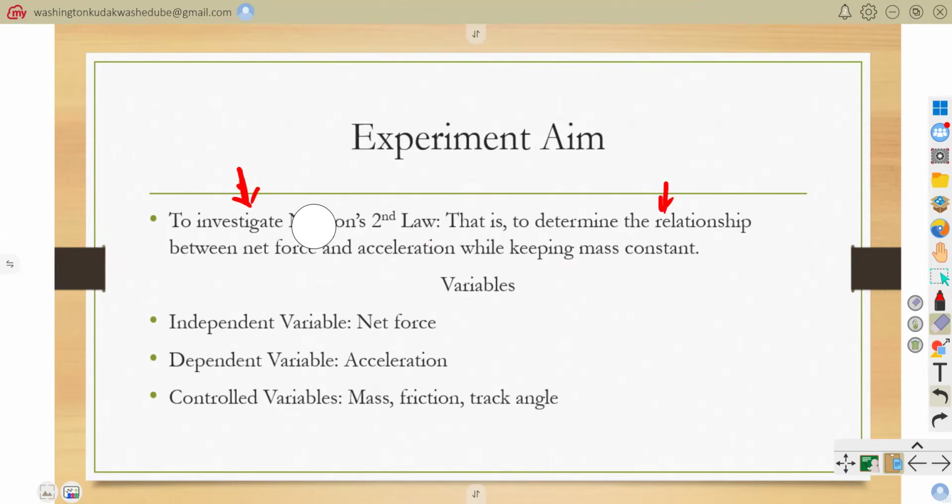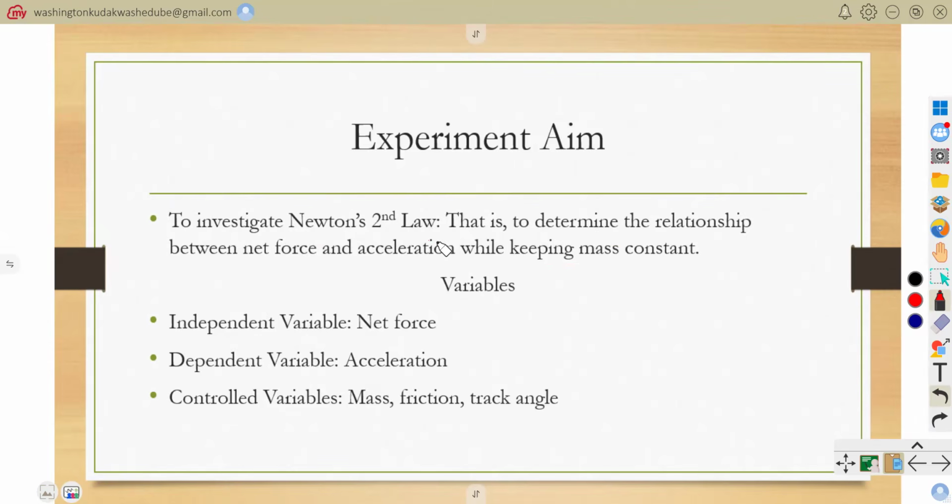You are going to do this investigation physically in your classes at your schools, where you are going to use a trolley as well as a pulley and different masses to investigate the relationship between force and acceleration.